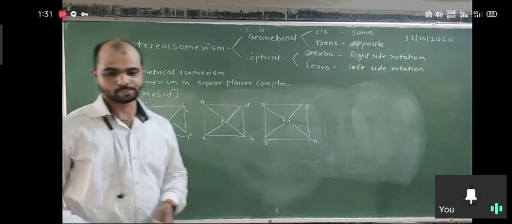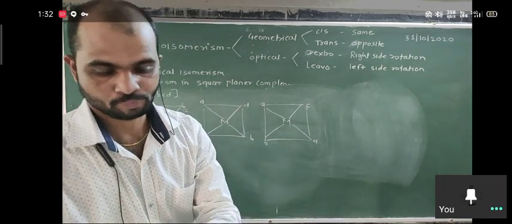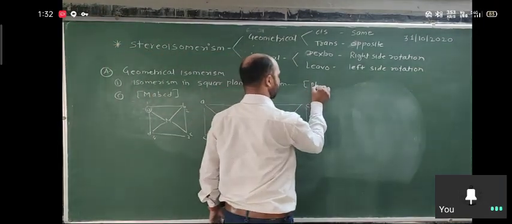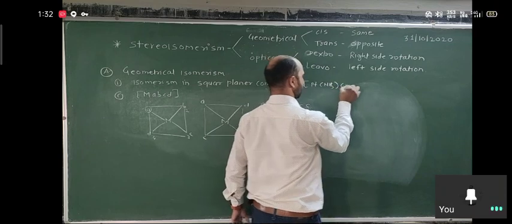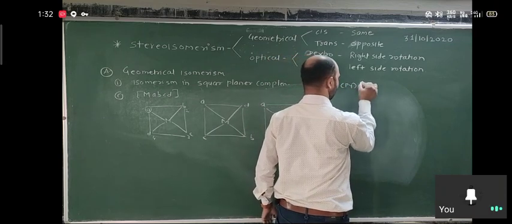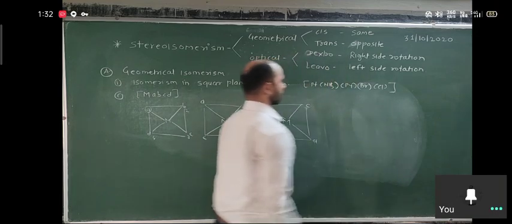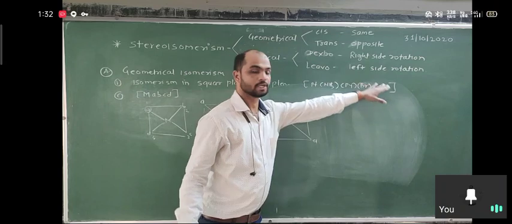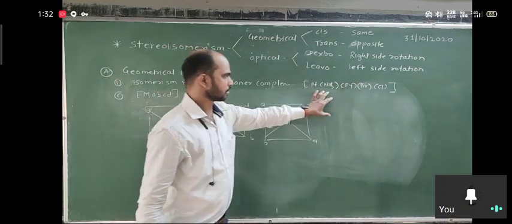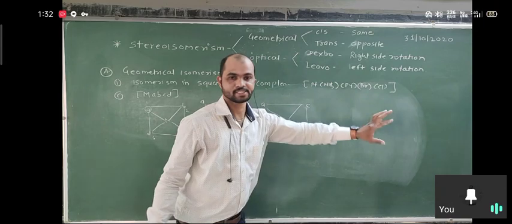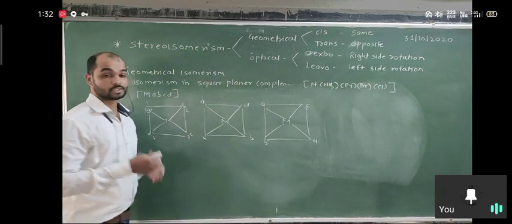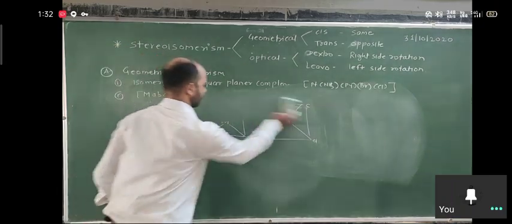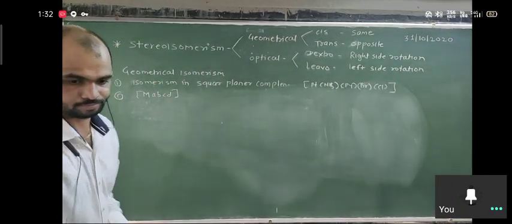We consider the example Pt(NH3)(py)BrCl: NH3 is ammine, py means pyridine, bromo and chloro. In the given complex, four ligands are different, so we can draw the three possible structures this way.